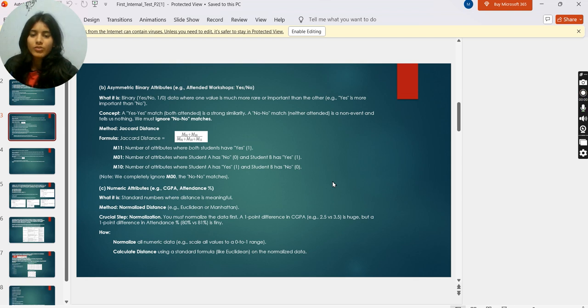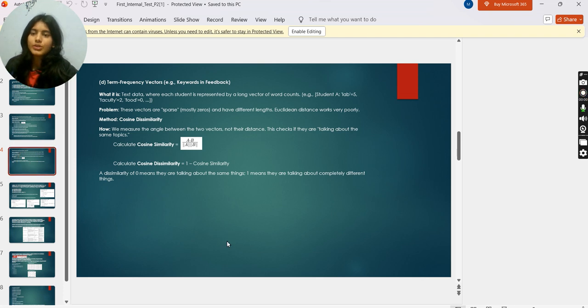A 1 point difference in CGPA is huge, but a 1 point difference in attendance percentile, that is 80% versus 81%, is tiny. So how? Normalize all numeric data, that is scale all values to a 0 to 1 range. Calculate distance using a standard formula like Euclidean on the normalized data.